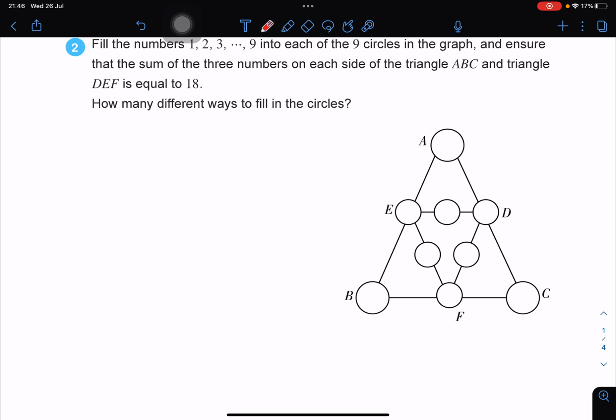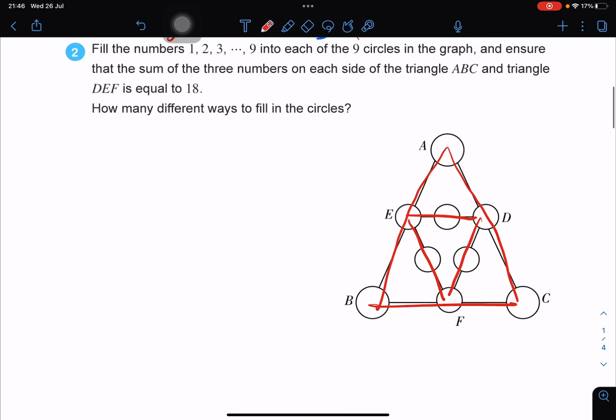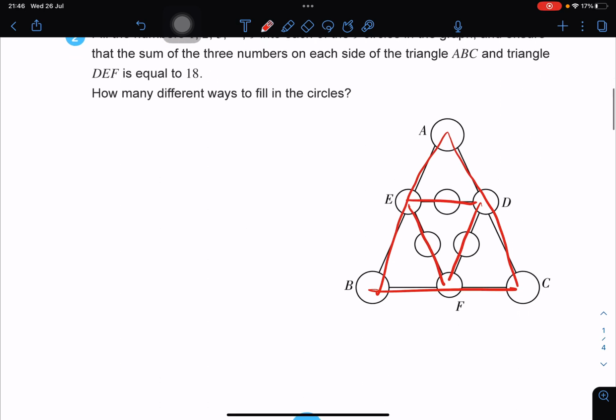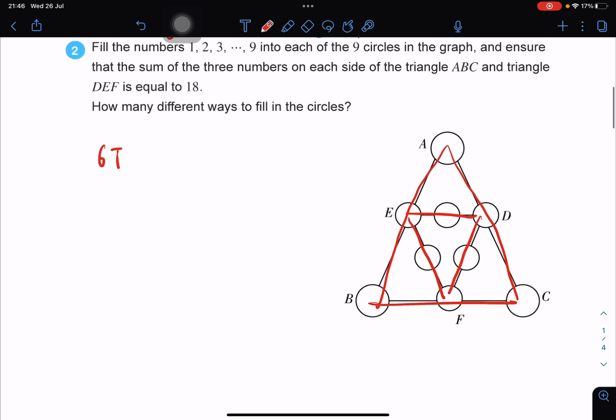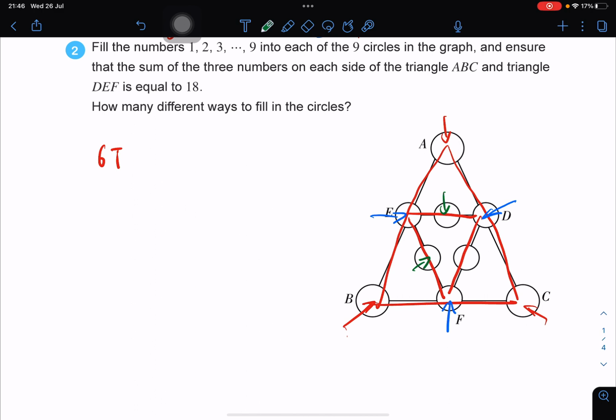Well, you can see that I have 1, 2, 3, 4, 5, 6 sums altogether, right? So it's 6 totals altogether. And then you can see that these 3 boxes in blue are counted twice, and these 3 boxes in green are counted once.